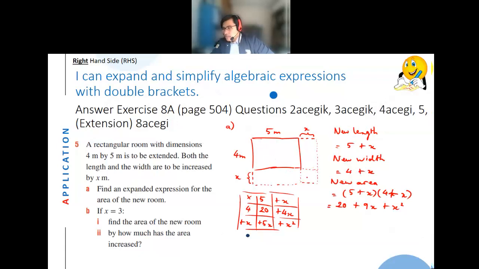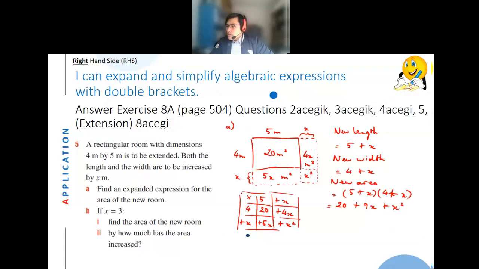So 4 times 5 gives us 20 meters squared. Then here we've got 4 times x, so that's 4x. Again, it's still meters squared because we're dealing with area. Then this one's x times 5, so 5x meters squared. And then here we've got x times x, which is x squared. Then just combine everything and we get this expression.